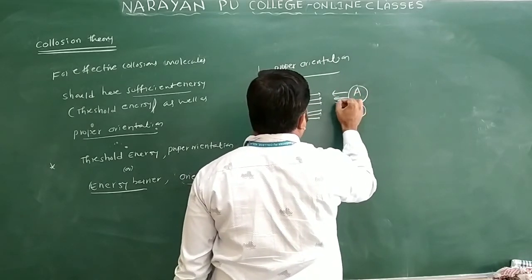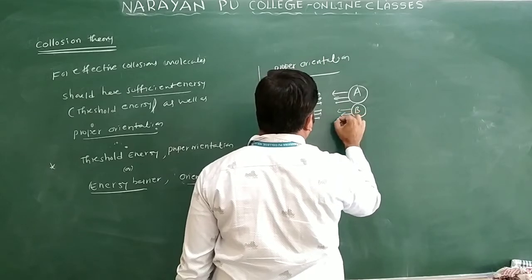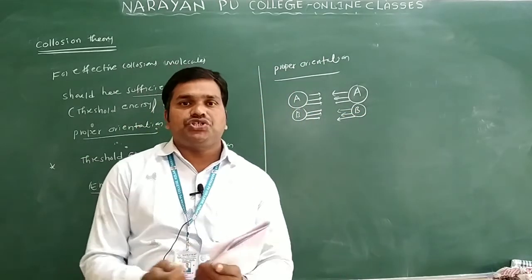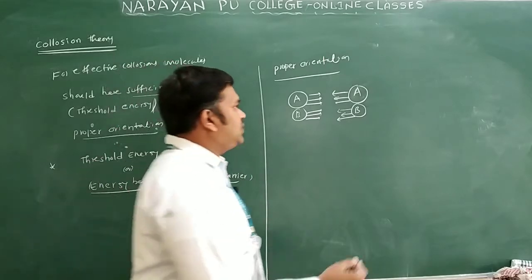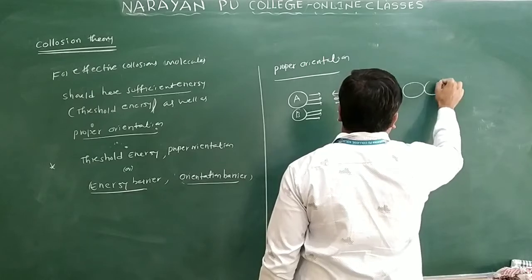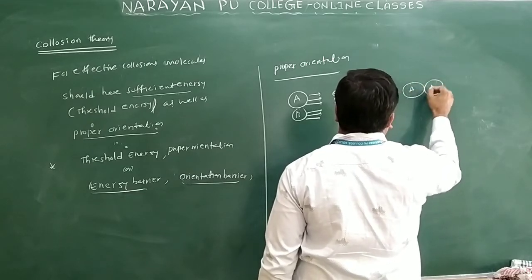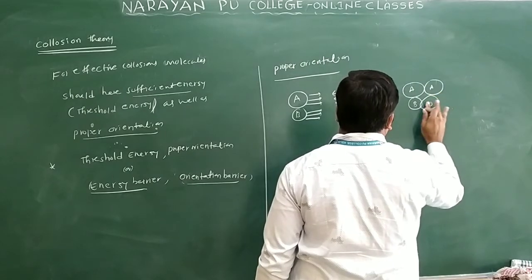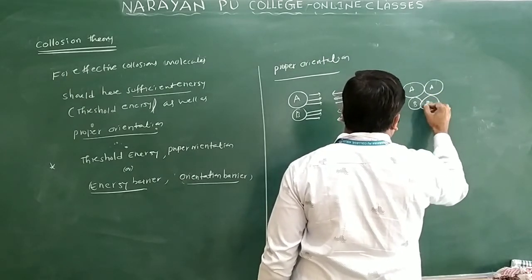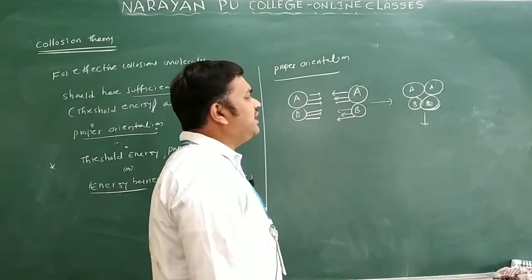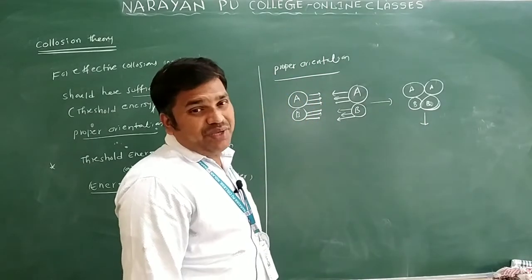Now we will see here A molecules and B molecules collide with each other. Means they are close to each other. When they are close to each other, first what will they form? They will form an intermediate. So this is the intermediate. Here A is there, here A is there, and here B we have, and here B is there. Then these molecules again separate into AA and BB.